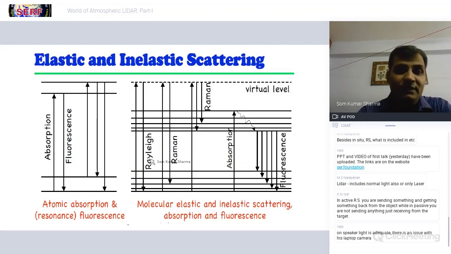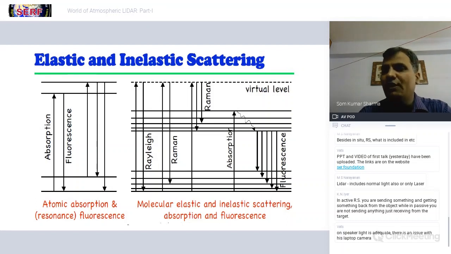Rayleigh scattering, discovered by Lord Rayleigh, takes place from neutral atoms and molecules. It is elastic. The excitation level and the de-excitation level both come from the same levels, so the wavelength, or you can say energy, here and here are the same.